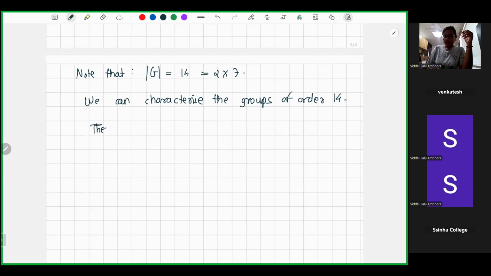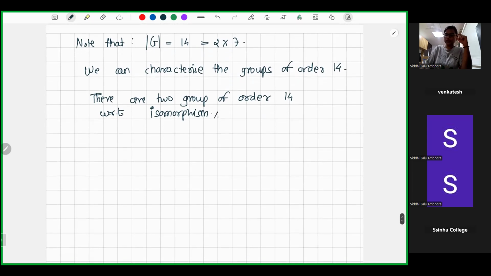There are only two groups of order 14 with respect to isomorphism, namely Z14 and D14.